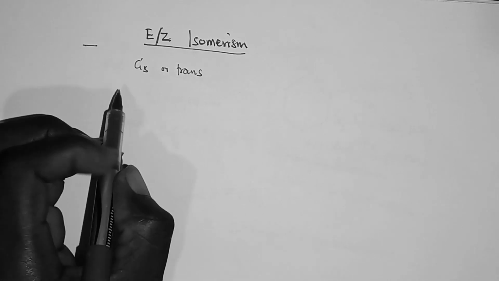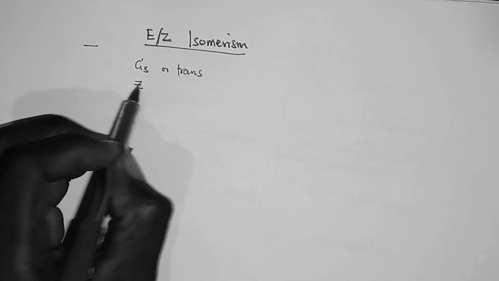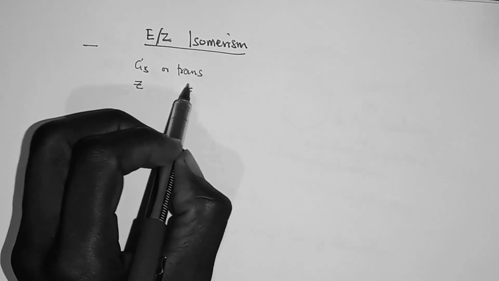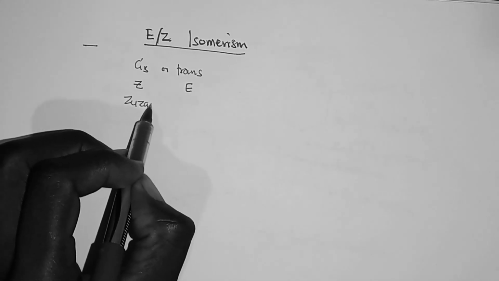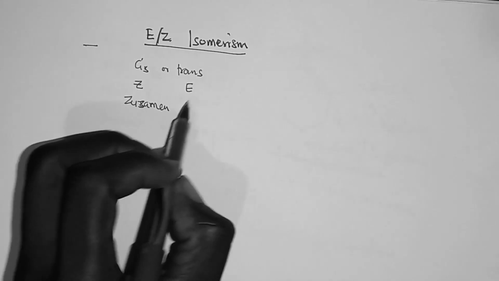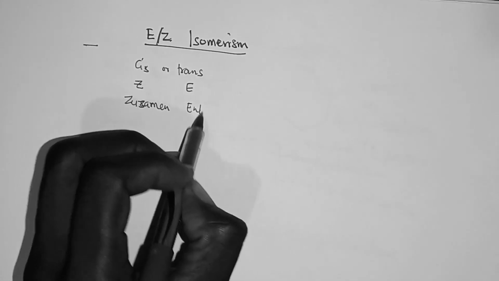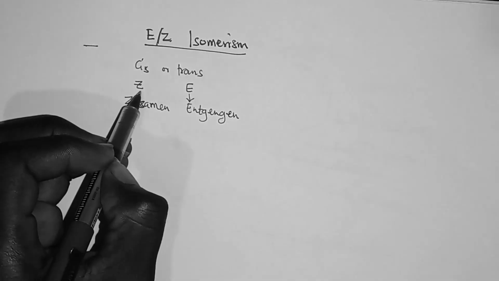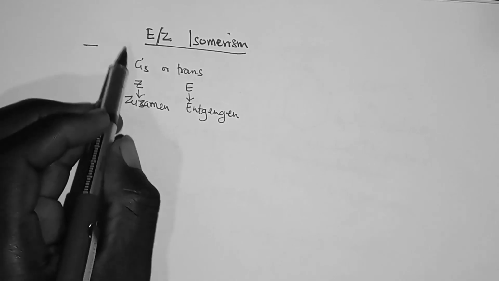In E and Z, the cis stands for the Z, and then the trans stands for the E. Z means zusammen, which is a German word. And then the E means entgegen. The E stands for the trans, and then the Z stands for the cis.